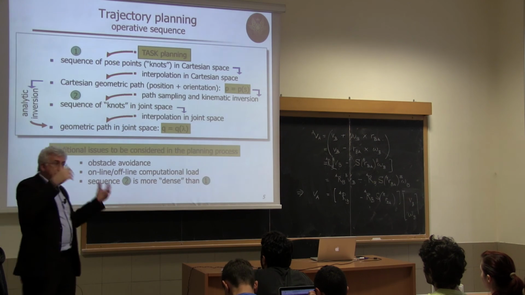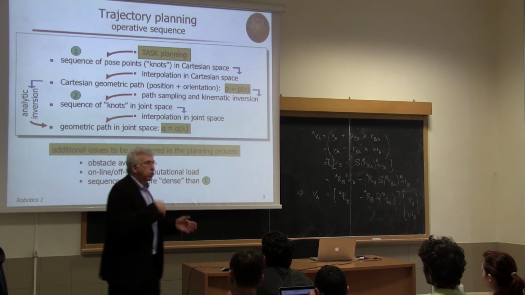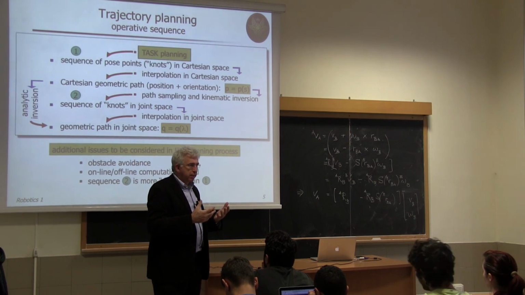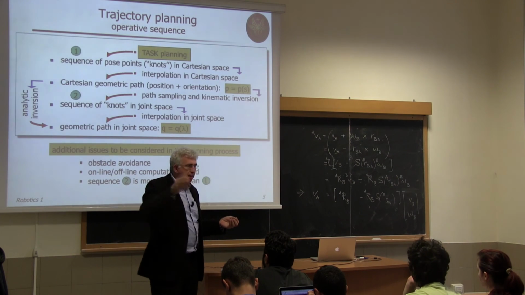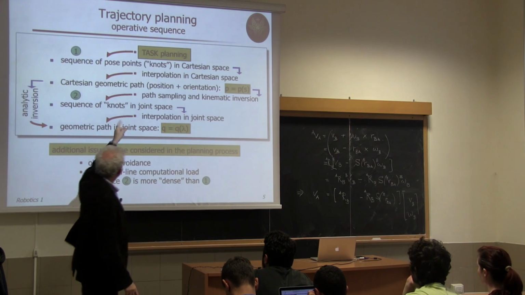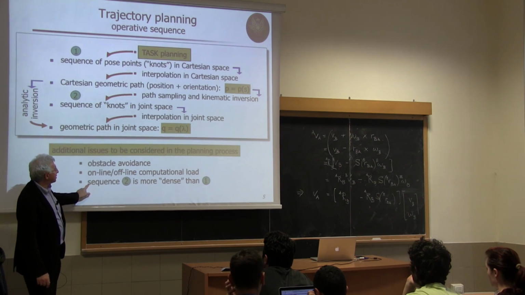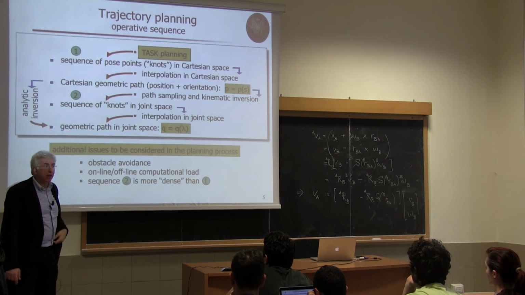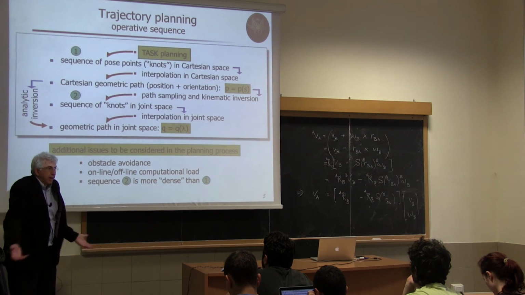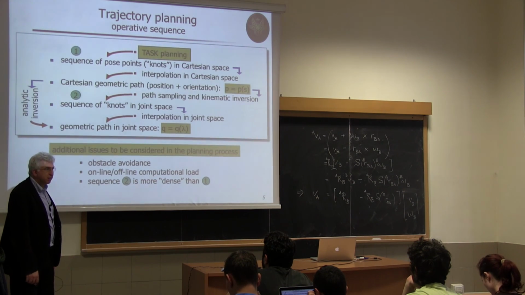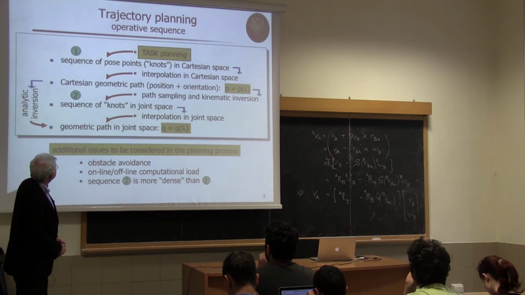Now you can take this path and do a resampling. So from this path you extract more points than you start from. So pay attention, this sequence is more dense than the original output of the task planner. Otherwise, you're doing the same thing. You're resampling the same object.